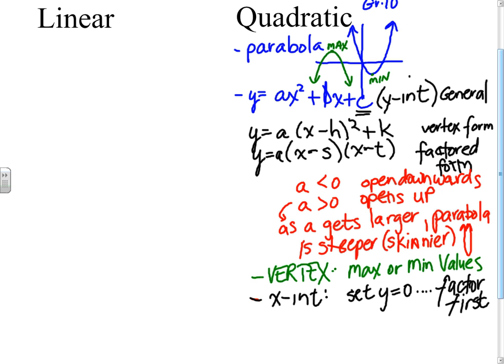A parabola is symmetric. You can see I could fold it in half along that fold line, and it would be exactly the same on one side as the other. We say that it has an axis of symmetry that goes right through the vertex.